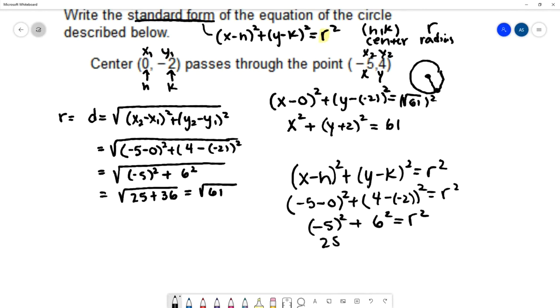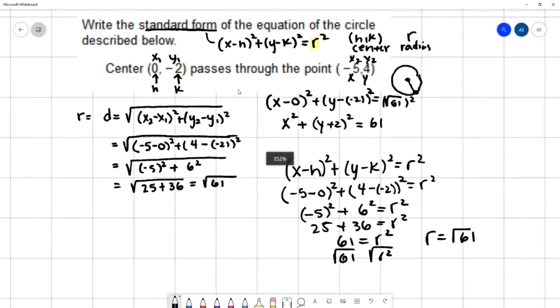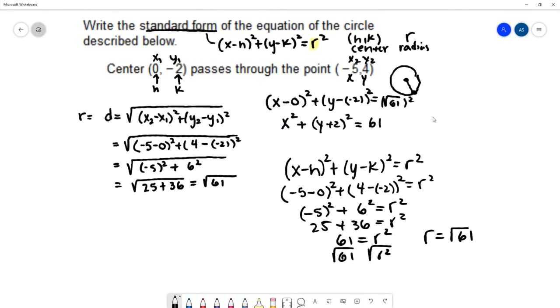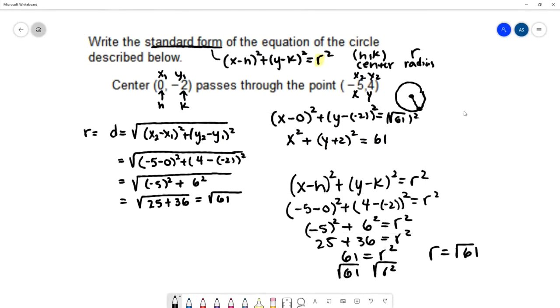Negative 5 squared is 25. 6 squared is 36. 25 plus 36 is 61. And then we'll square root both sides. And we get our radius equaling the square root of 61. So we get the same radius using the standard form instead of the distance formula.